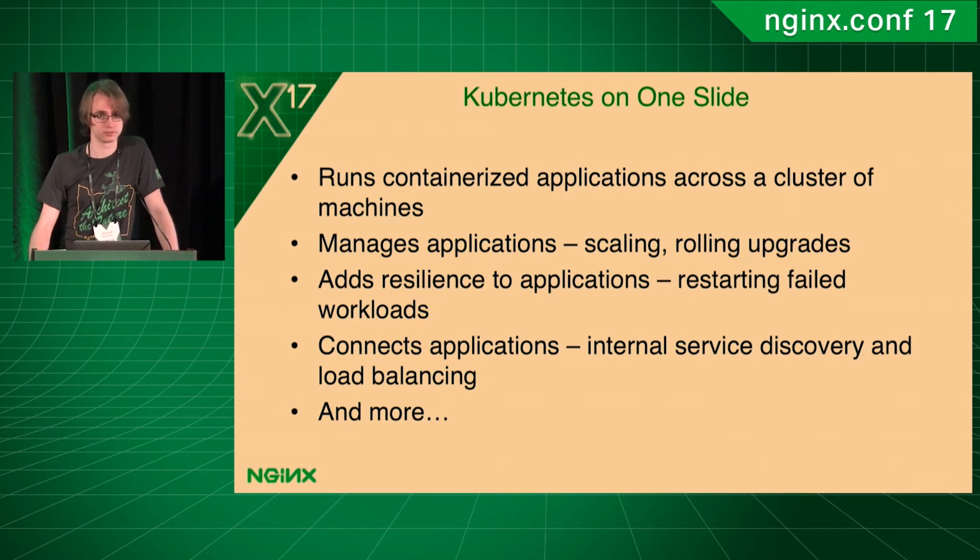Kubernetes adds resilience to your applications, so it can restart failed containers. It also connects your applications together with built-in internal service discovery and load balancing mechanisms. And of course, there's so much more in Kubernetes.